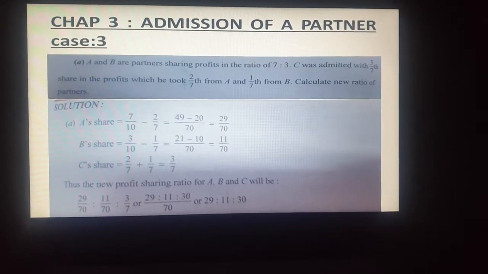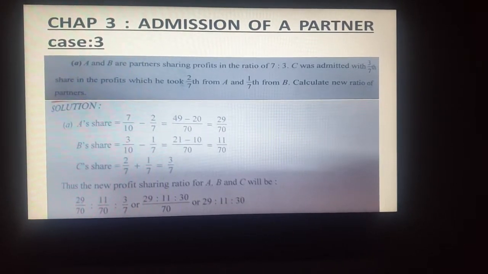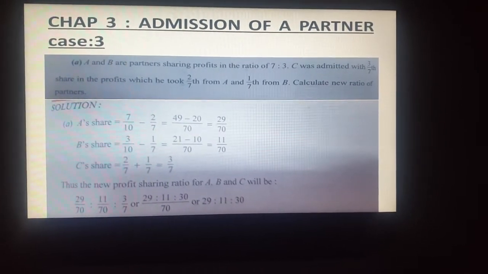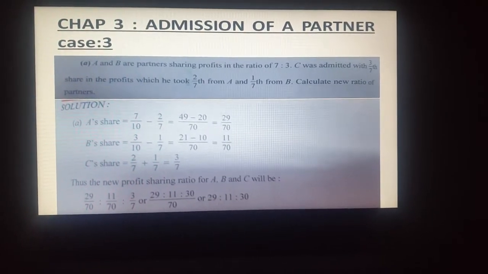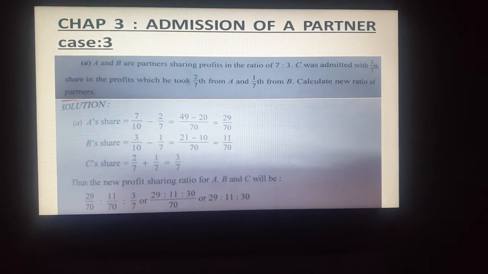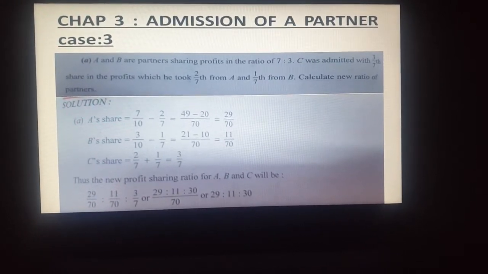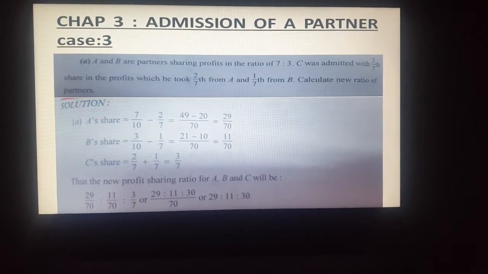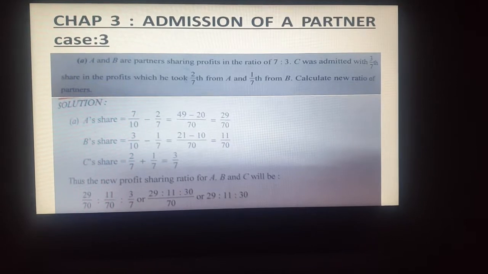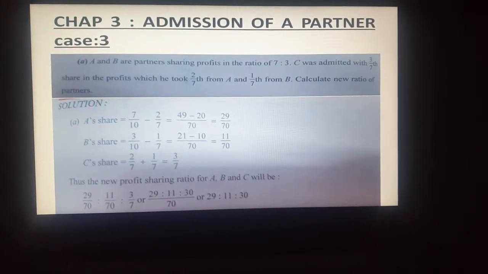The final ratio is 29/70, 11/70 and 30/70. Removing 70, the ratio is 29:11:30. This is the case in which sacrifice is directly given and you apply the new ratio formula, old minus sacrifice, which is applicable only for old partners because C is the new partner.